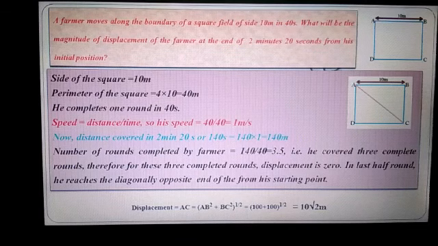So AC is equal to the square root of AB square plus BC square. This is 10 meter, so 100 plus 100 under the root, it will become 10 root 2 meter.